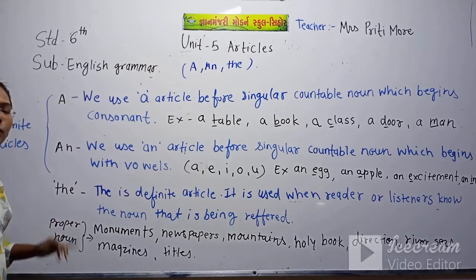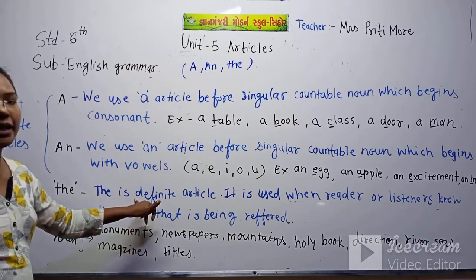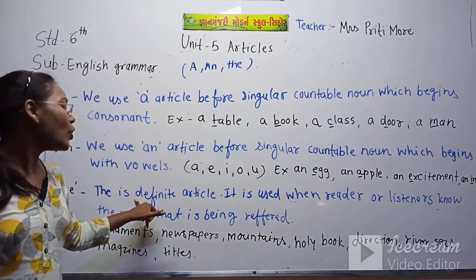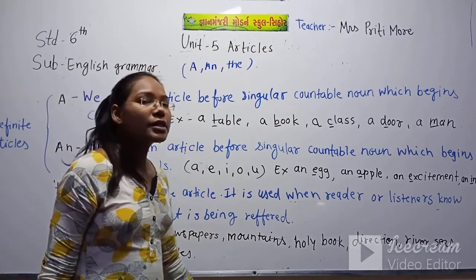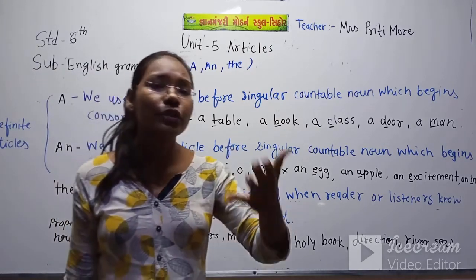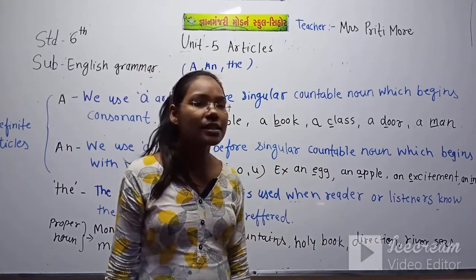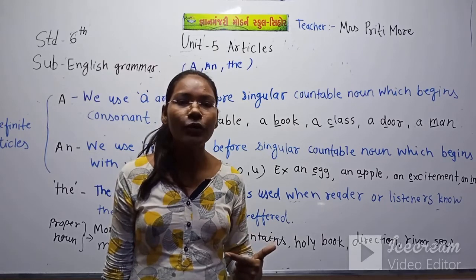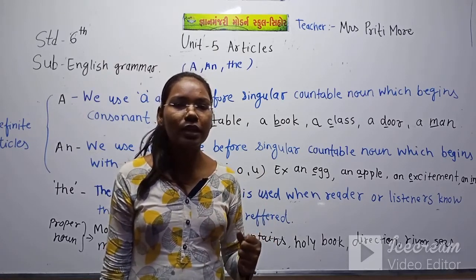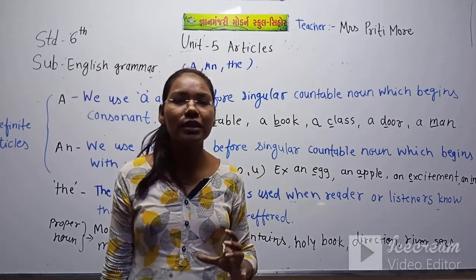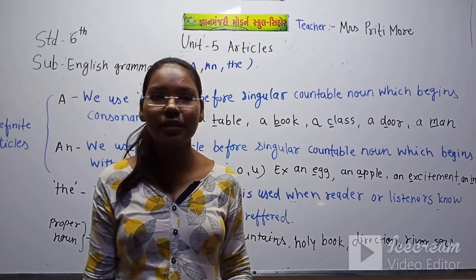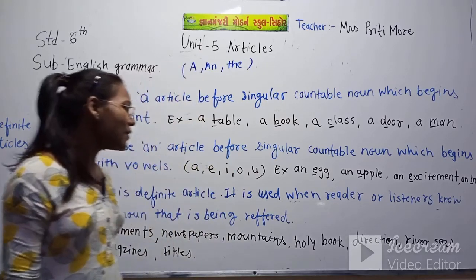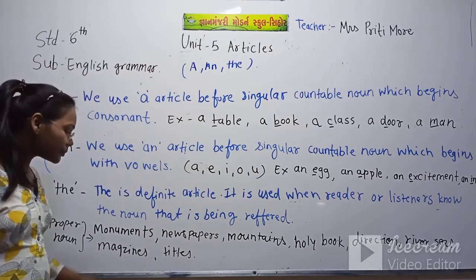That's why the is called the definite article: if the reader and listener both know about the things they are talking about, both are sure and familiar with the thing, at that time we use the.